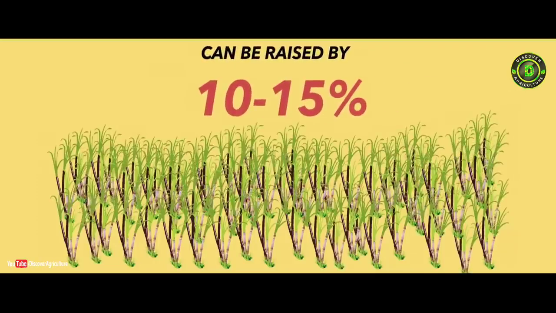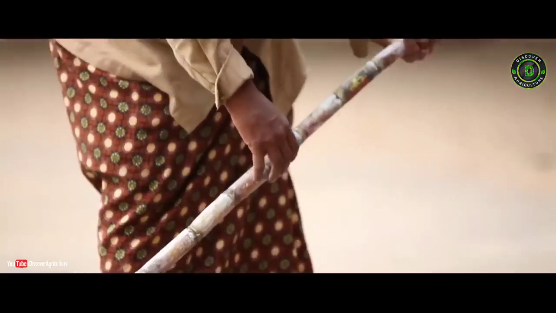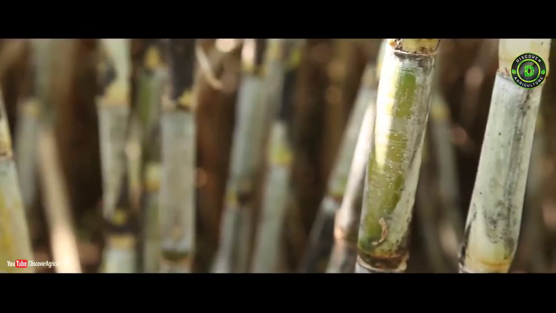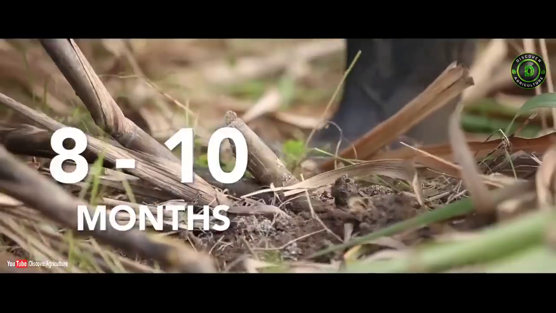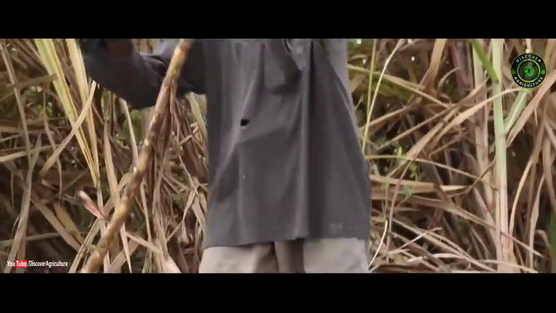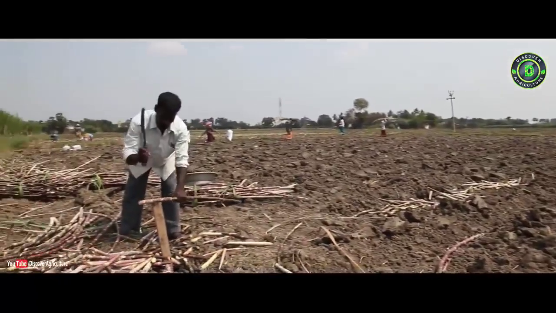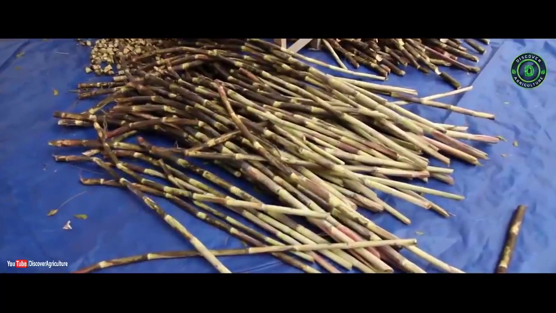by 10 to 15%. Good quality seed is to be ensured through seed cane following certain criteria. Its age at harvest should be 6 to 8 months and 8 to 10 months for sowing in the tropics and subtropics respectively. The seed cane material should be reasonably clean and undamaged.